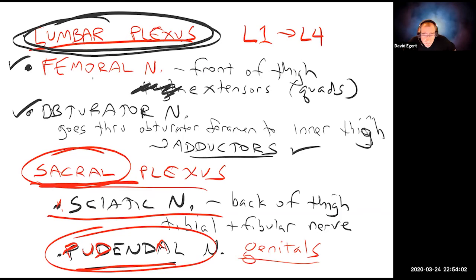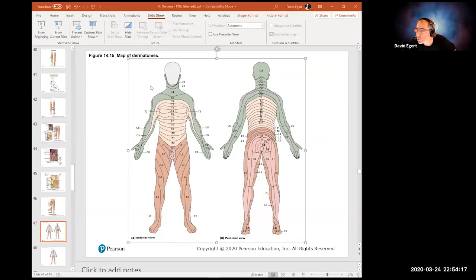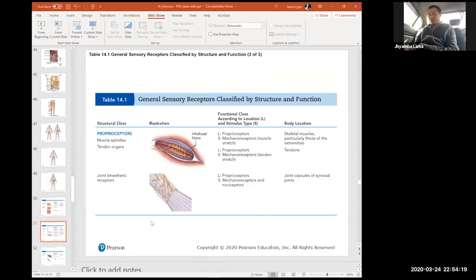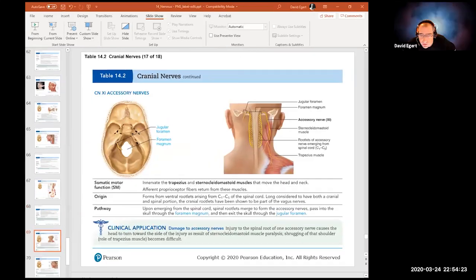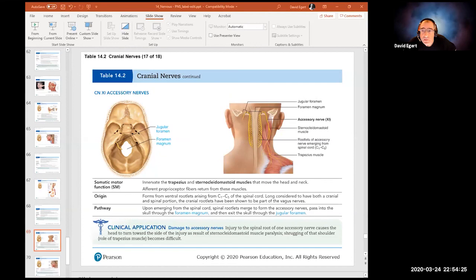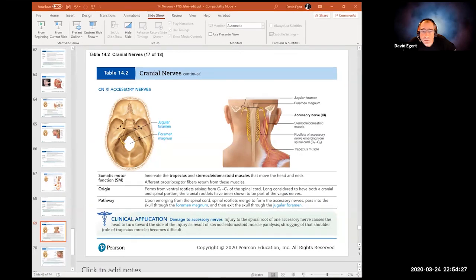So, in fact, give me a moment here. So I'm going to zip back to the other screen. Wait, no, that's not the one.